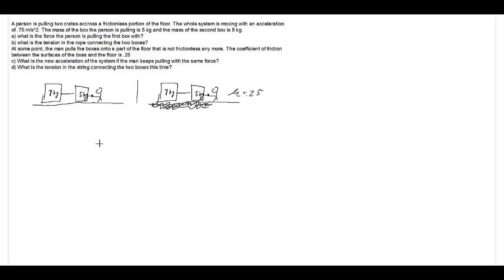So, let's start. As with any problem, after you've drawn the picture, you can draw a motion diagram, just to be sure that you know what direction the sum of the forces is in. I'm going to take our system to be both boxes for the motion diagram, since they are going to have the same motion diagram, and we know that the system, as it says in the problem, is accelerating, so our arrows are going to be getting bigger, and they're accelerating this way.